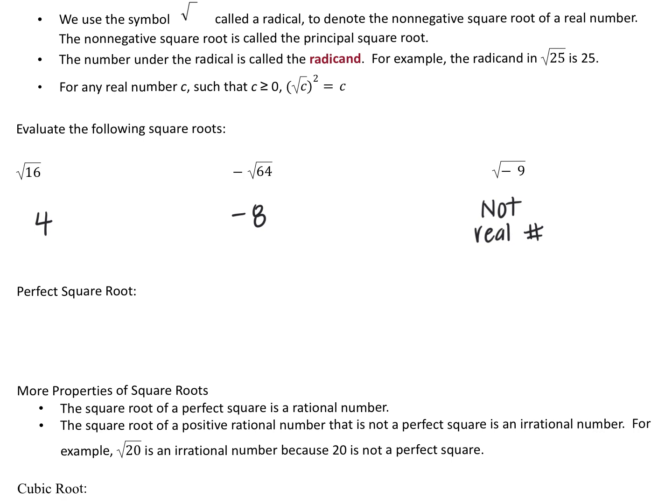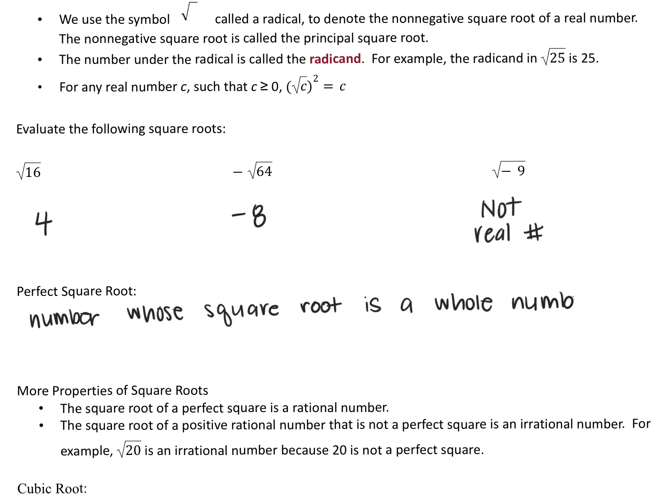We also have perfect square roots. The examples I just did were for perfect square roots. It's a number whose square root is a whole number, so that means it's not a decimal.